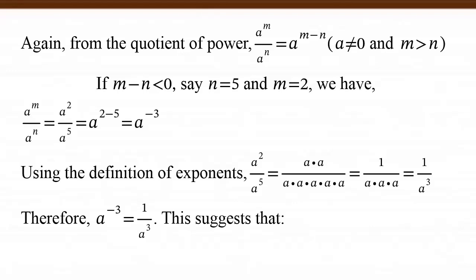We have a squared over a to the 5th power, then it is equal to a raised to 2 minus 5, or it is equal to a raised to negative 3. Using the definition of exponent, a squared over a raised to the 5th power is equal to 1 over a cubed. Therefore, we have a raised to negative 3 is equal to 1 over a cubed.